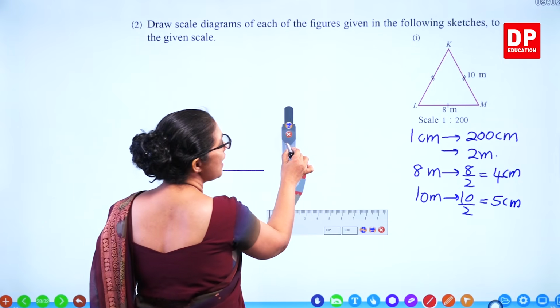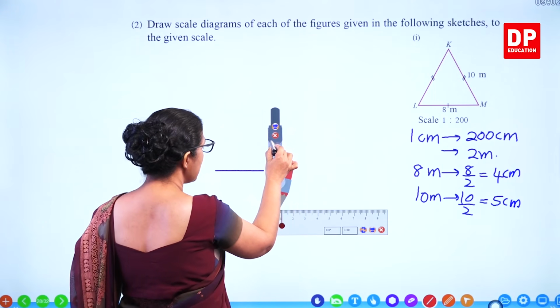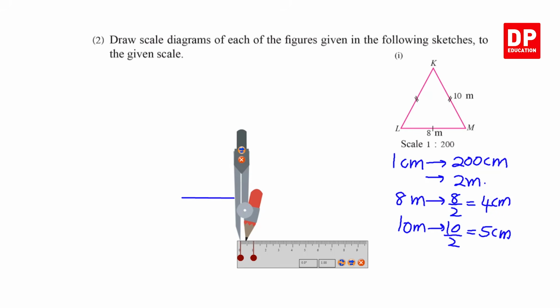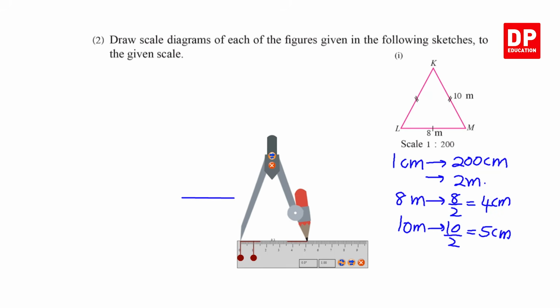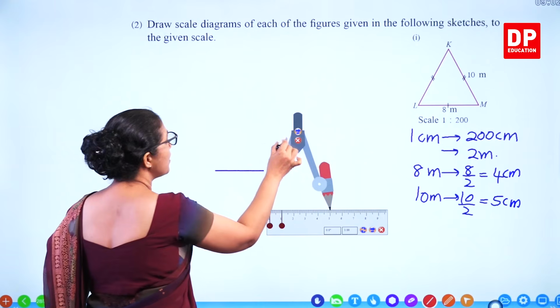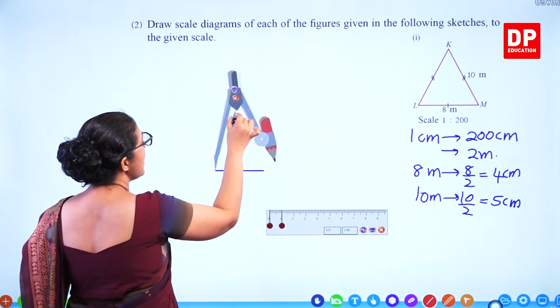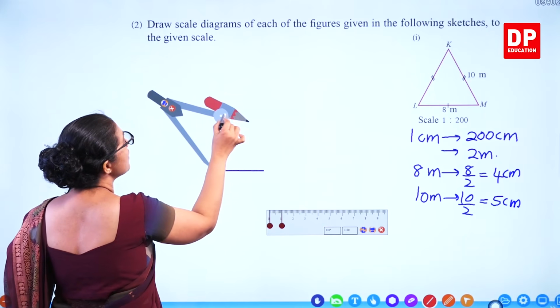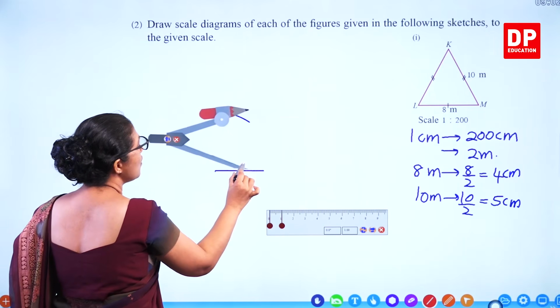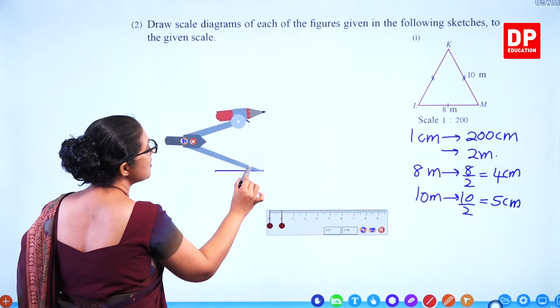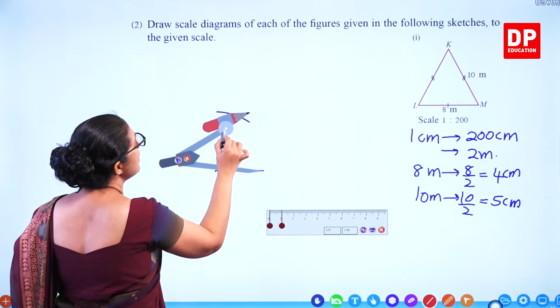What's the measurement? 10 meters means 5 centimeter length. Then you keep the compass on top of this point and draw the arc here, and also keep it here on this point and draw the other arc.